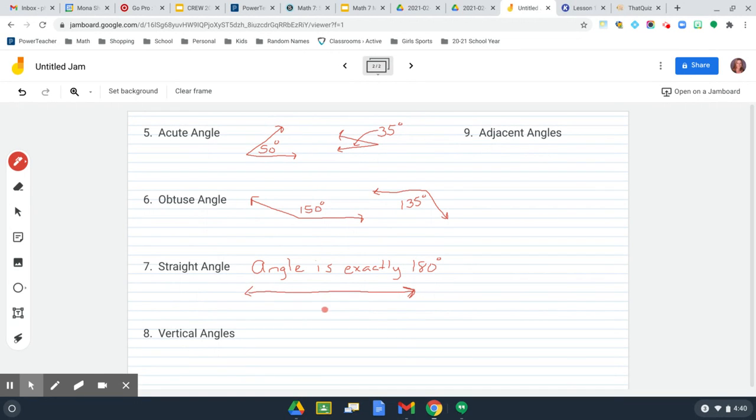So there it is. That's a 180 degree angle. Straight angle, 180, no bends to it.